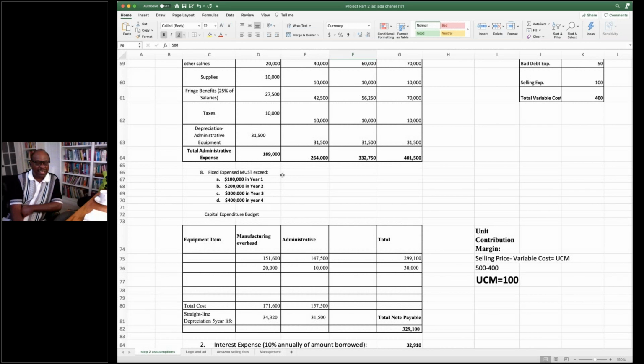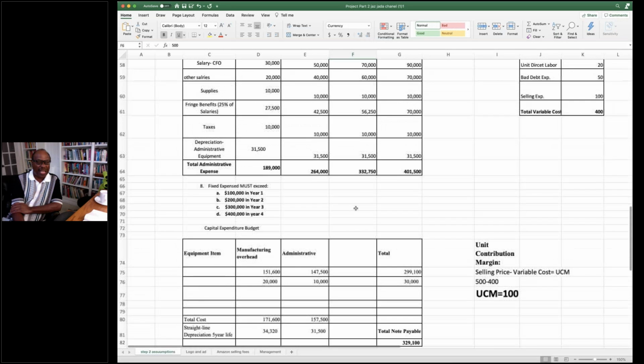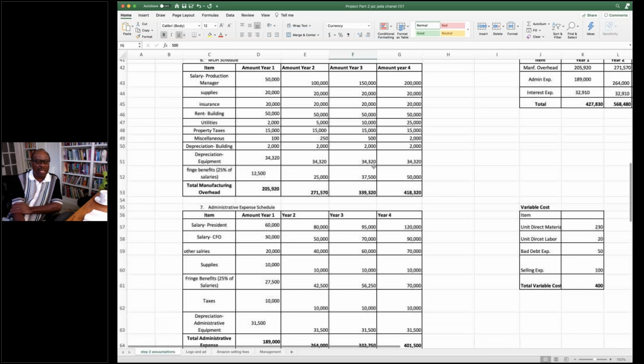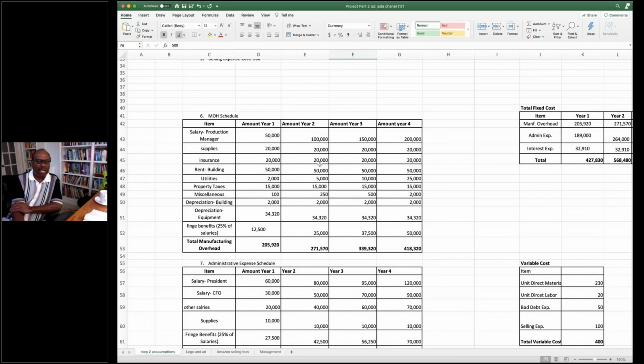Your fixed cost has to exceed $100,000 in the first year, $200,000 in the second year, and $300,000 in the third year. So you have three different fixed costs based on the year. I'll just let you go 3 years, even though you may have more people on the team. You go through and look up stats on your company to get your manufacturing overhead. So these are the categories.